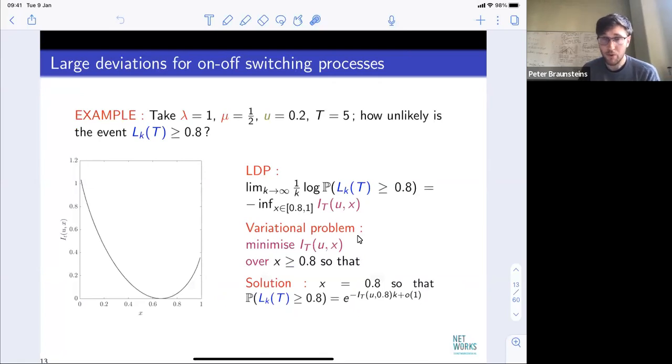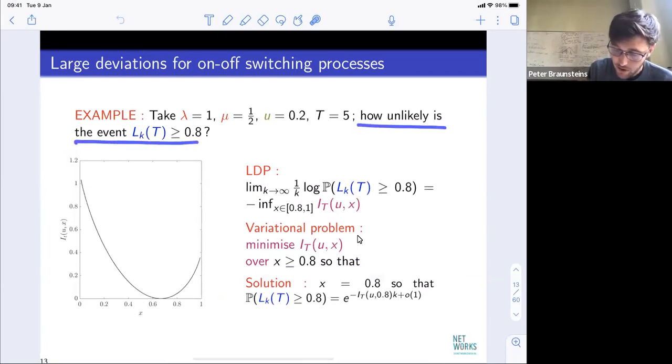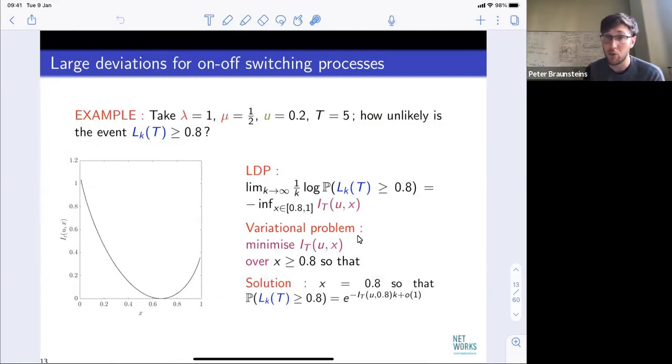Okay, so we've got our large deviation principle, and now we'd like to answer some questions. I'm going to start by asking the exact same question as we saw before, just to give the structure of how you would use a large deviation principle. In particular, if we're interested in this probability, the large deviation principle gives us this limiting value.